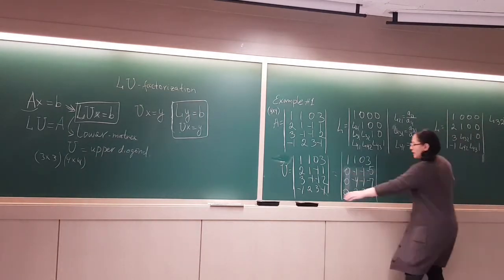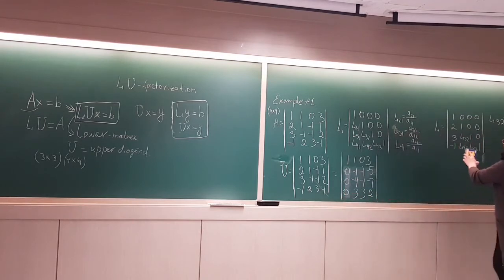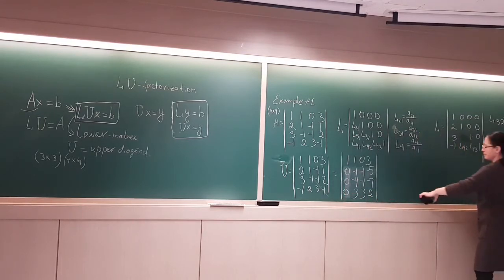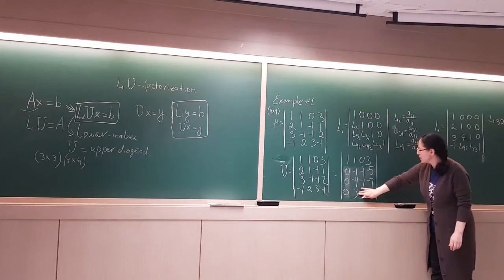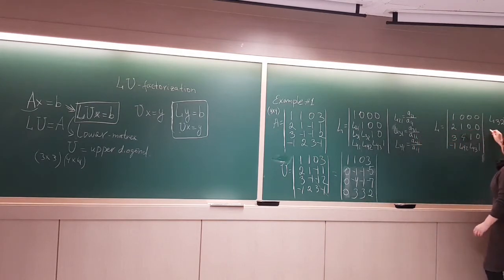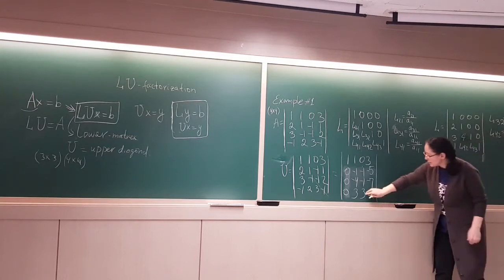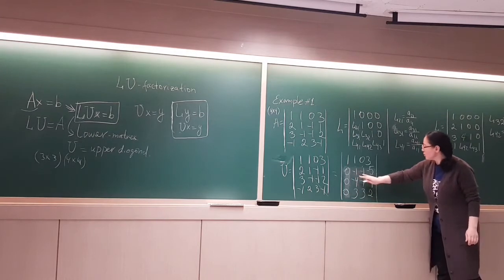I will write it here directly. It will be 4. And this one is 3. And L42 will be A42 divided by A22, which is 3 divided by minus 1, minus 3.